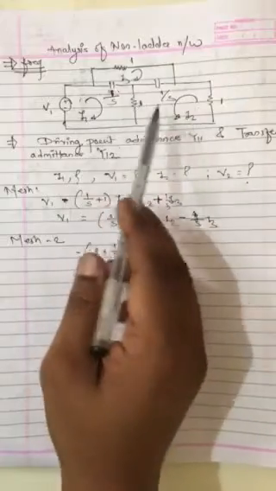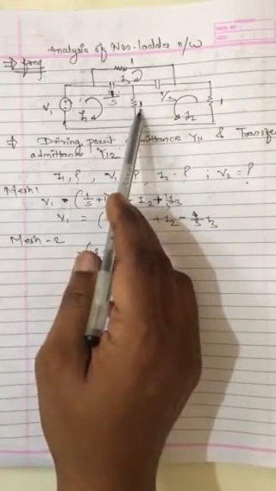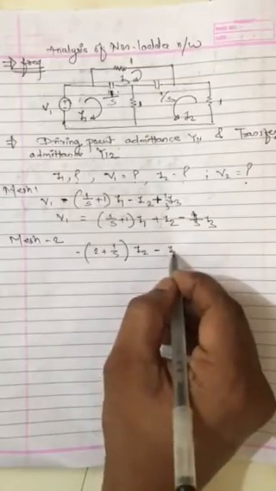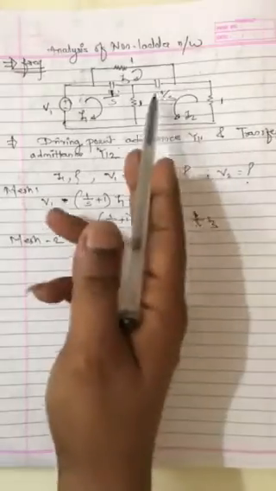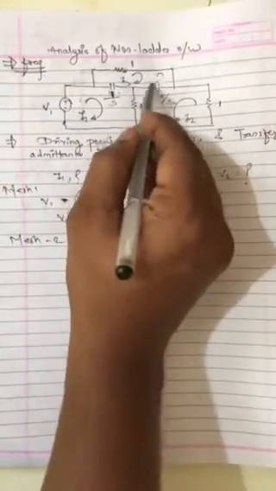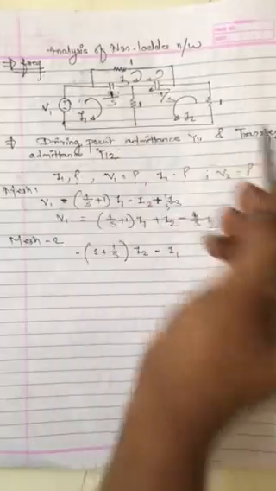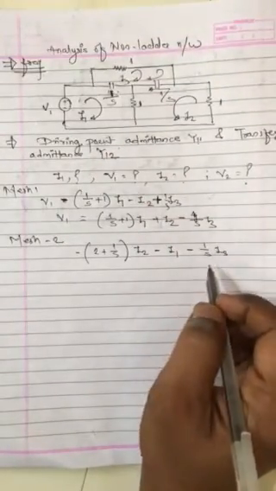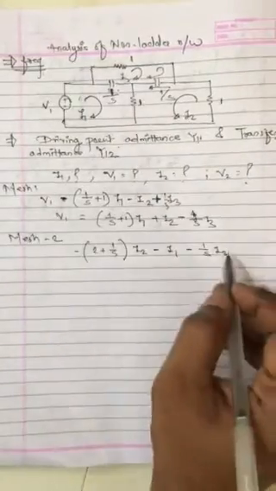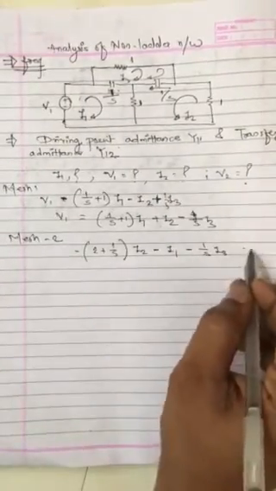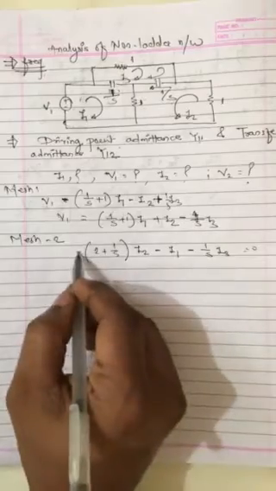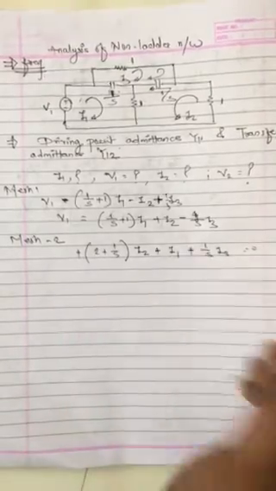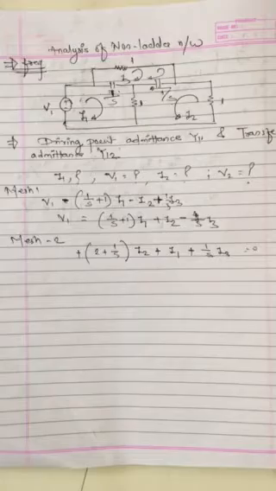Both currents are moving downward, so minus I1. Here also both are moving in the same direction, so it will also be minus 1 by s I3, equal to 0. So I can remove the minus from all the terms and make them plus. This is the KVL in the second loop.